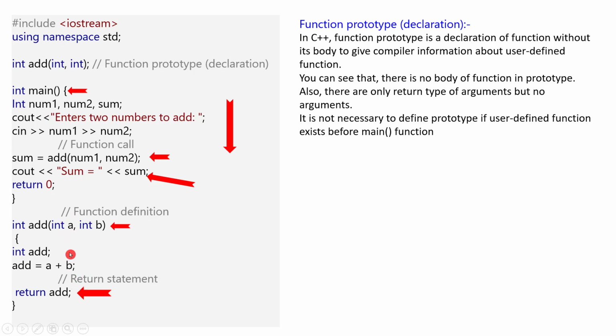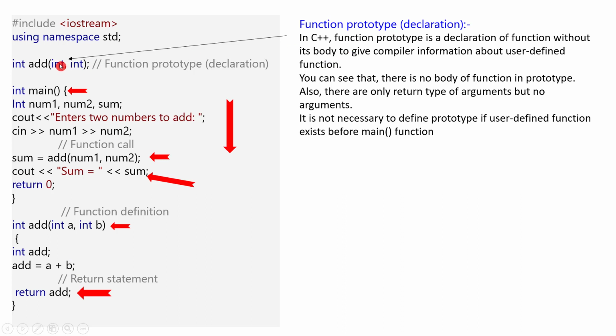Suppose we define the sub function before the main function, we don't need the function prototype. It's very clear, because the computer will already know that there is a user function well before. That's what is told in this last sentence. This is a user-defined function because the user is defining that add is equal to a plus b.